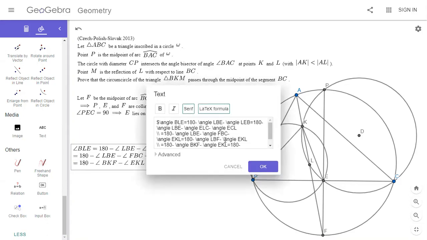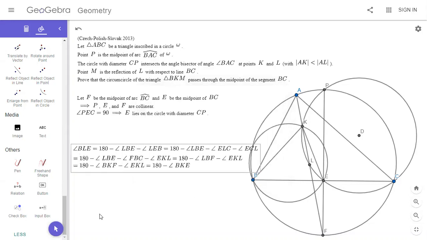It always messes it up when I do it like that. So ELC is EPC.